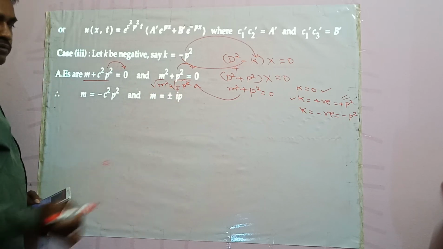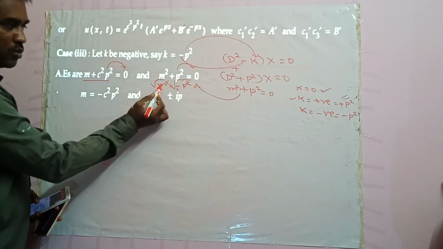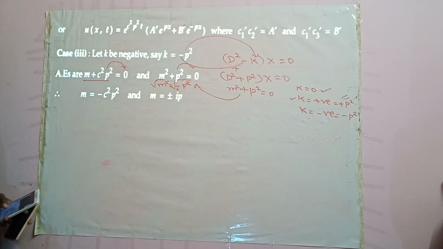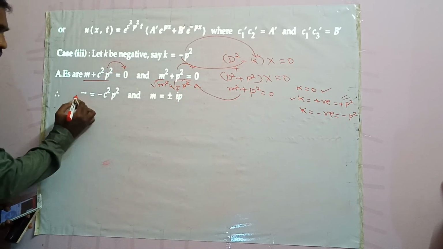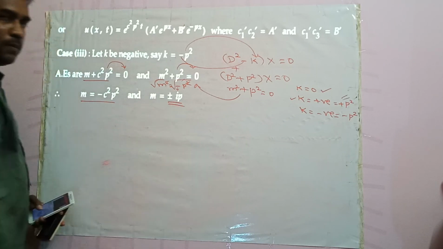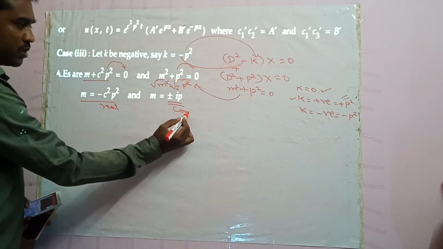Square and root will get cancelled. What you get is p. That is m is equal to plus or minus i p. So here it is only one root, that is a real root. Here the roots are complex.